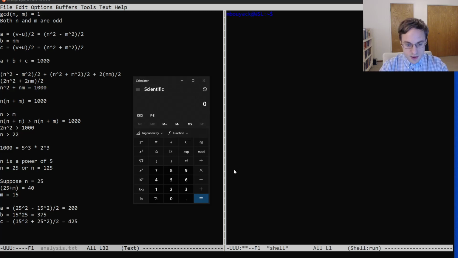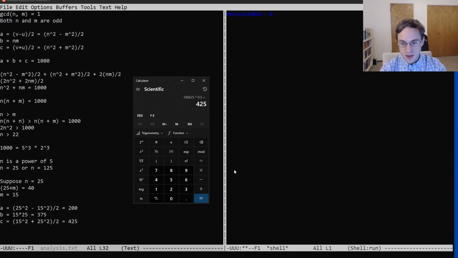And so it's pretty straightforward to confirm that this is in fact our solution. So that you can see the sum is 1,000, and if we take a squared plus b squared, and we take the square root, we get c.